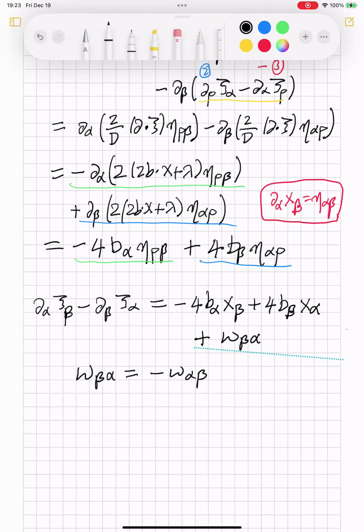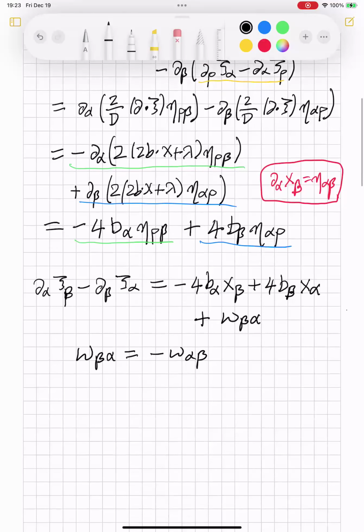So that looks great. Let me just rewrite this a little bit. Sorry, in fact, I'm going to put a 2 here. It'll make things slightly simpler, and you'll see why in a moment. Let me write down an equation for 1/2 d alpha zeta beta minus d beta zeta alpha. So what is this equal to?